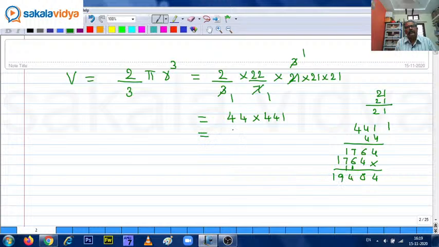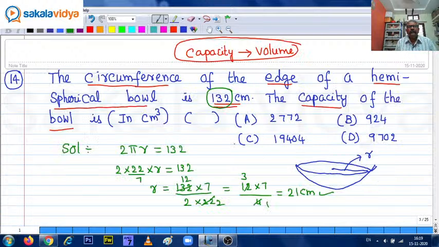So 19,404 centimeter cube. This is the answer. So option C is the right option. Yes, Pavitra, absolutely correct.